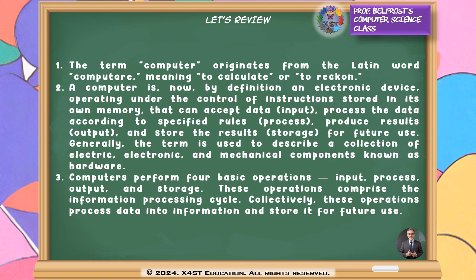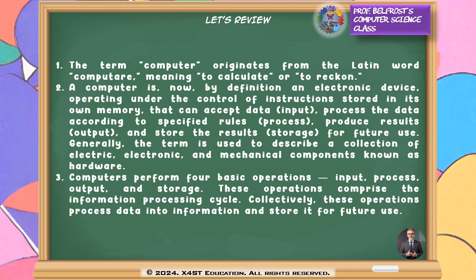Generally, the term is used to describe a collection of electronic and mechanical components known as hardware, though a computer certainly does not consist only of hardware, but also the software and the brainware. Basically, computers perform 4 basic operations, which are input, process, output, and storage.